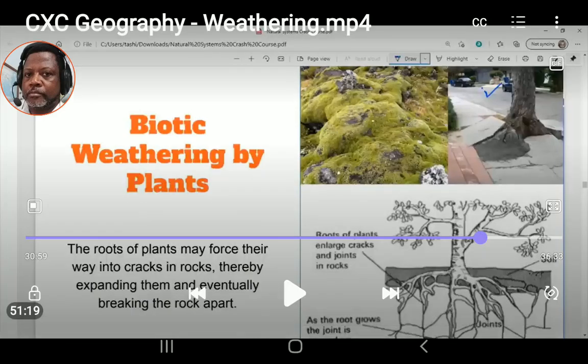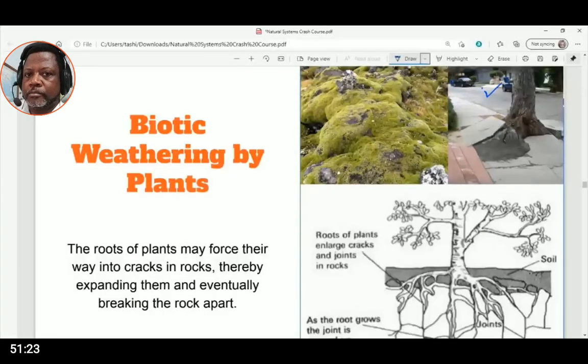We continue. If I was to put the one with the tree, biotic weathering by the plant that is breaking away the rock, under physical weathering or chemical weathering, which one would it be?